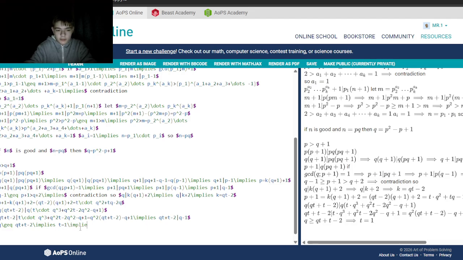Now if t is 1, we have k equal to qt minus 2, which is just q minus 1, 2, and p is equal to this.